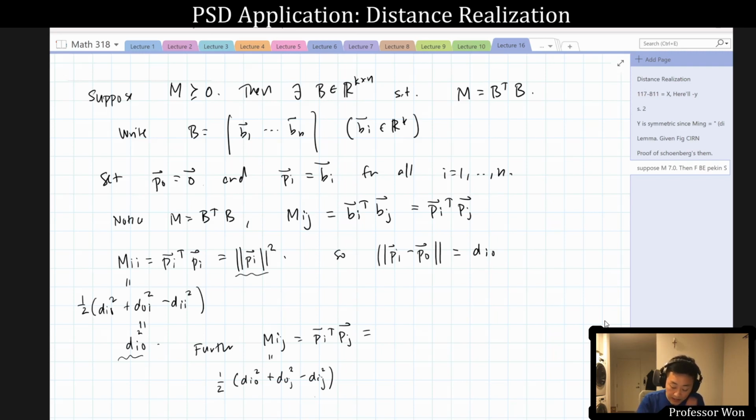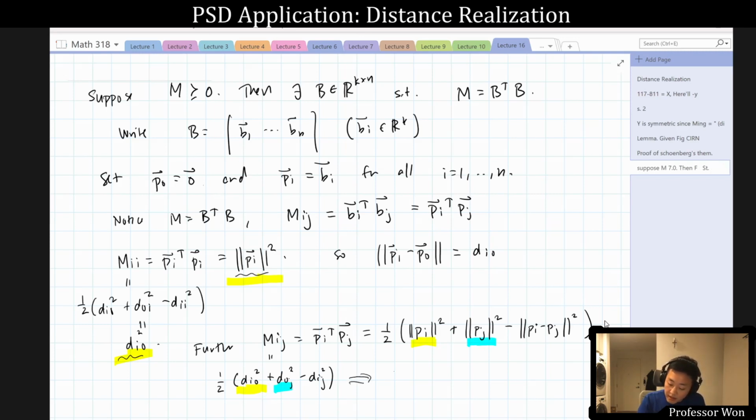But we can also use that lemma, that p_i transpose p_j is supposed to be 1/2 of the length of p_i squared plus the length of p_j squared minus the length of p_i minus p_j squared. But we just saw that the length of p_i squared is d_i0 squared, right? We saw that here. So these two quantities are the same, and these two quantities are the same. So you multiply by 2, you cancel off the correct quantities.